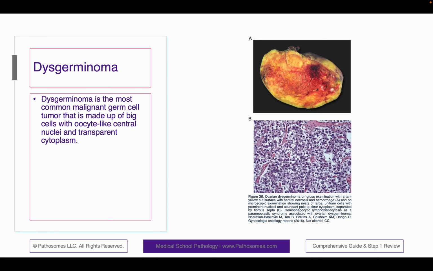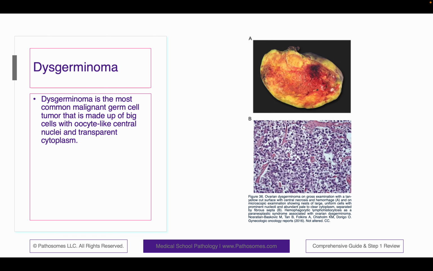Now let's switch gears here and talk about dysgerminoma. A dysgerminoma is the most common malignant, keyword malignant, germ cell tumor that is made up of big cells with oocyte-like central nuclei in transparent cytoplasm.